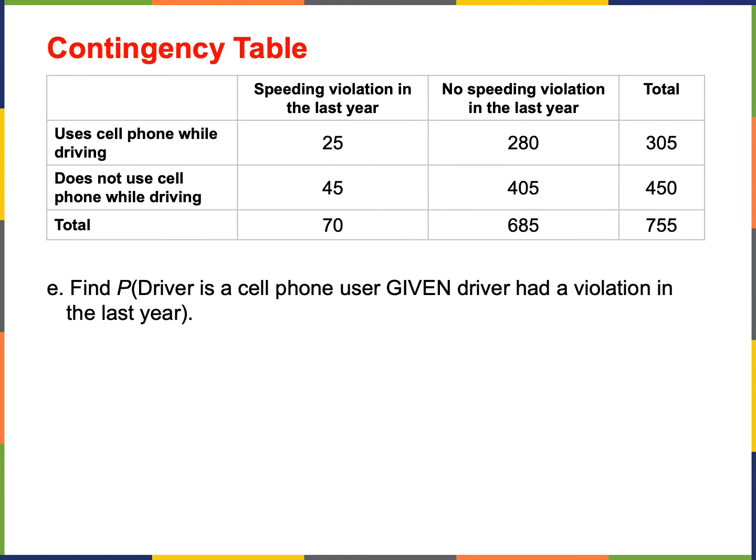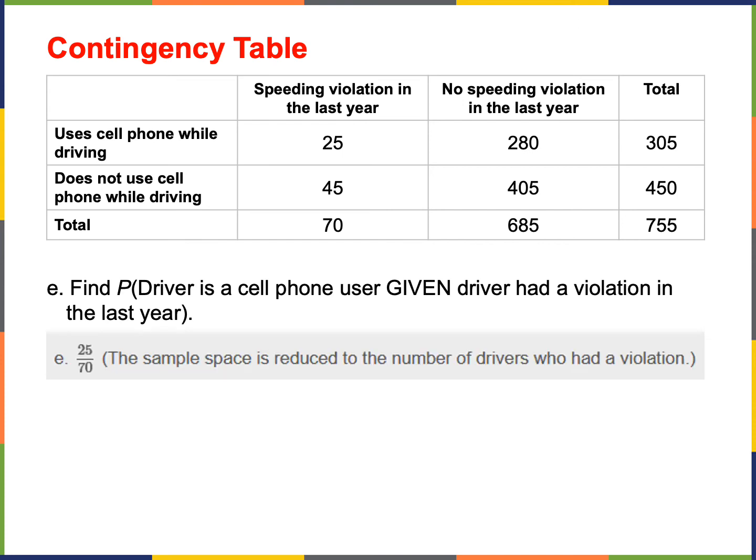Let's find the probability that the driver is a cell phone user given that the driver had a violation in the last year. Let's think about this before we answer it. How would we work that out? What do you remember about conditional probability? We know this is a conditional because of this given right here.